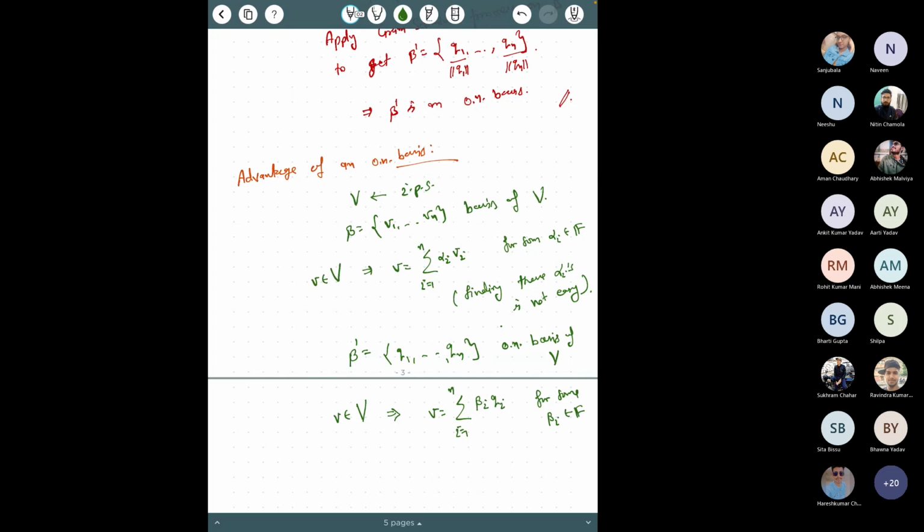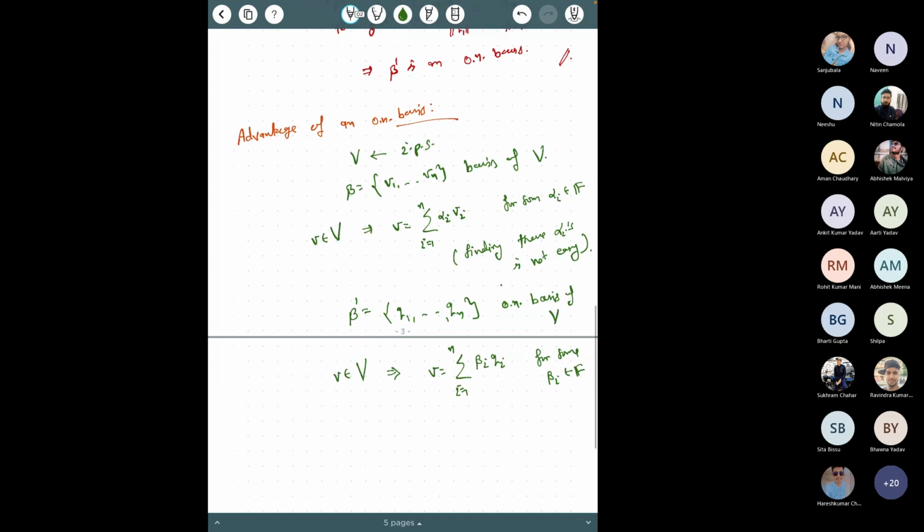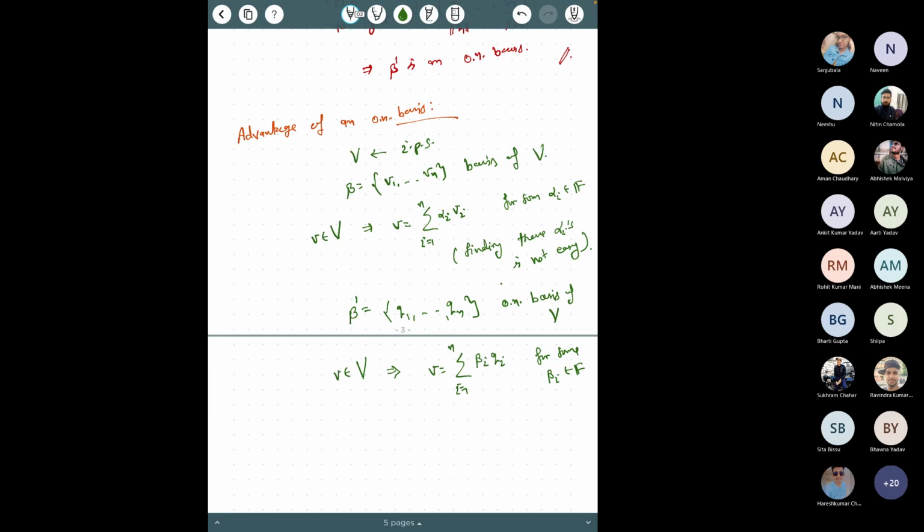But since the q_i's are orthonormal vectors, we can actually tell what these coordinates beta_i are. Now, can you tell me how we can compute this beta_i?